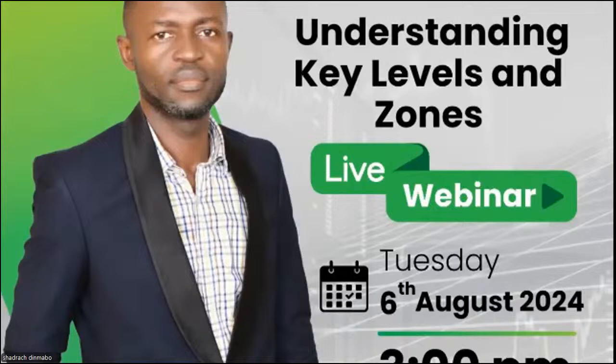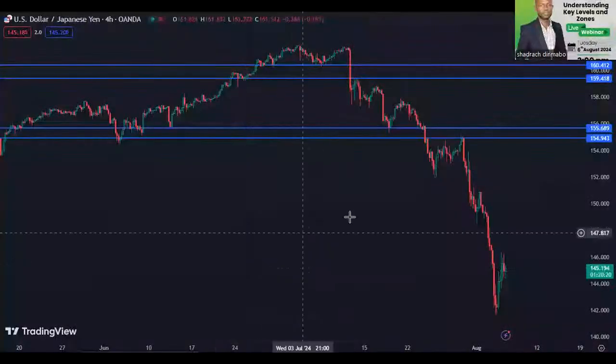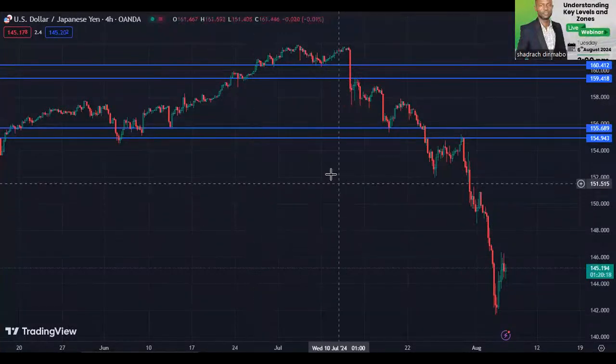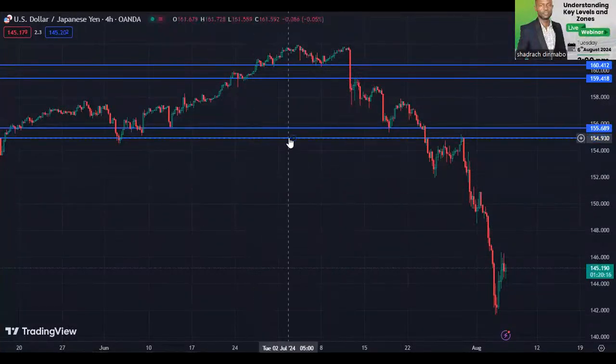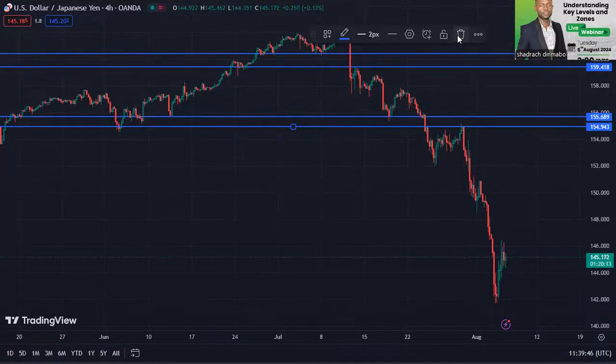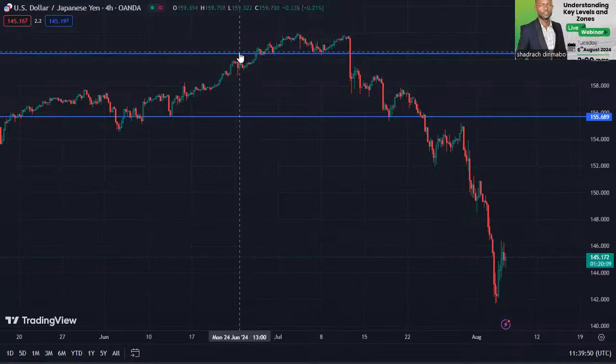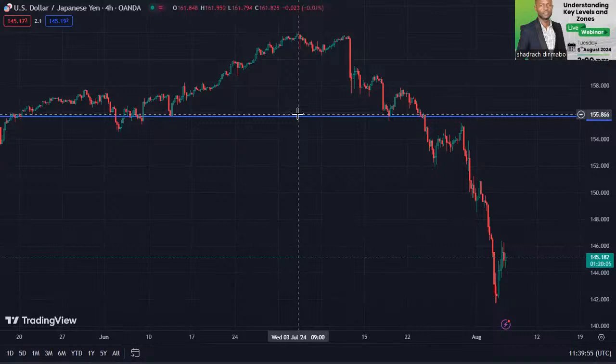Straight up, without wasting much time, we want to look at our charts, and I'm going to take this off so that we start fresh and look at how to identify key levels. First of all, I want to say very clearly that you can identify key levels at any time frame.